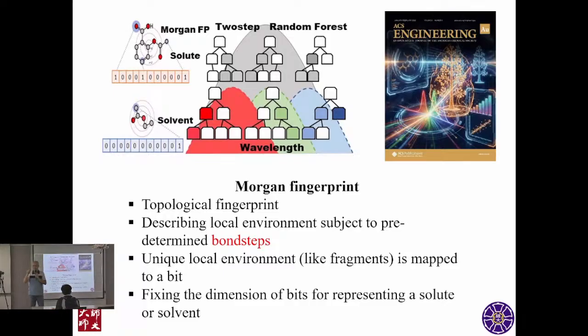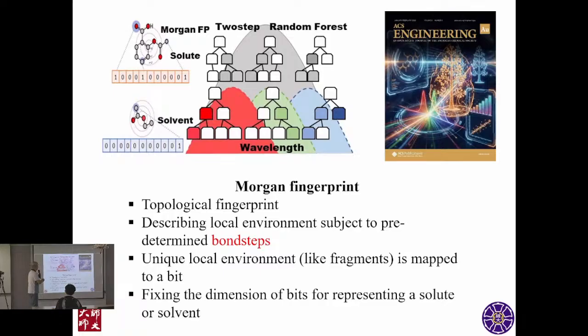If you find a special atom arrangement that can be defined as a functional group, you just record it as the presence of one functional group. Then you increase the radius to search a bigger radius and go through more atoms, and you just keep going with bigger and bigger circles. So intrinsically, you are collecting the short-distance functional groups and the long-distance functional groups in a 1D array. So that's what we do for the Morgan fingerprint.